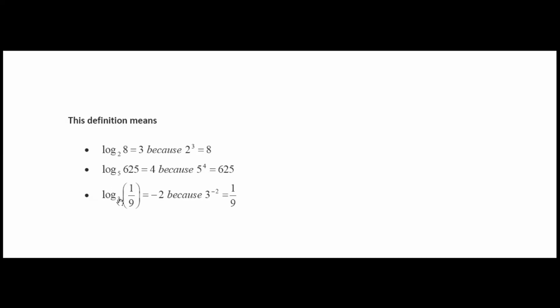And the log of 1/9 to the base 3 is -2, because 3 to the -2 means 1 over 3 squared, which is 1/9. So maybe those will help you recall better the definition of the log.